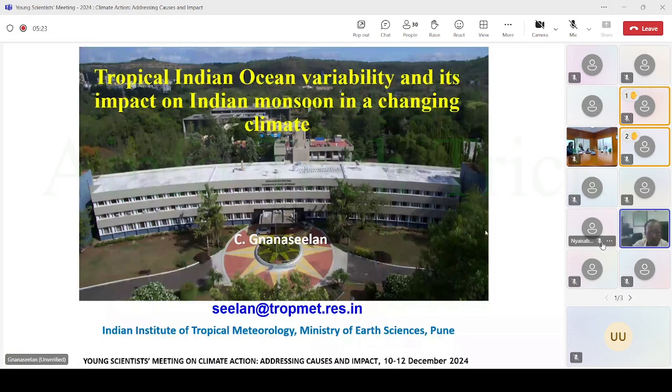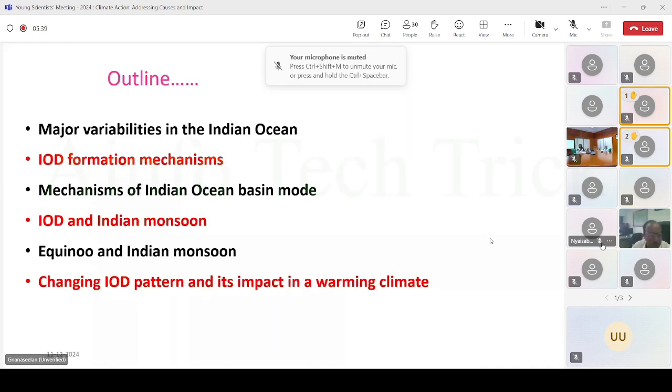So I'll be talking on the tropical Indian Ocean variability and its impact on Indian monsoon in a changing climate. So the outline of my talk, I'll touch upon some variabilities in the Indian Ocean and the mechanism through which the IOD forms and Indian Ocean basin mode forms, and the relationship between IOD and Indian monsoon, and other climate modes such as ENSO and Indian monsoon.